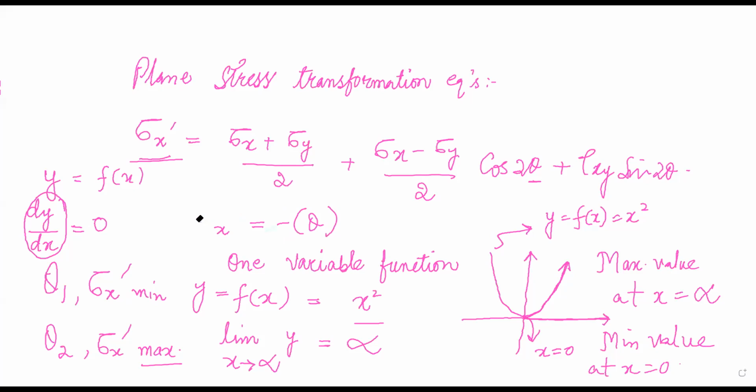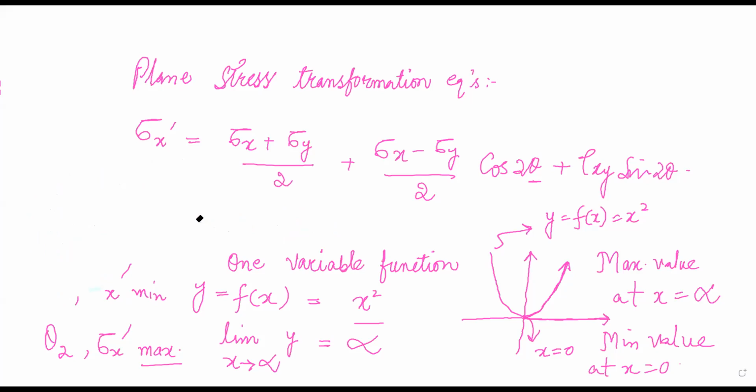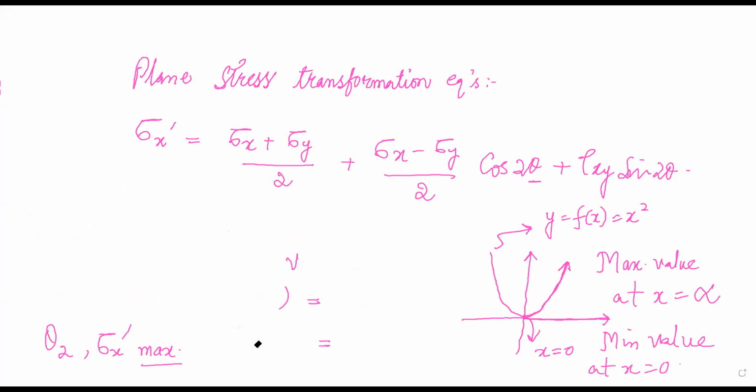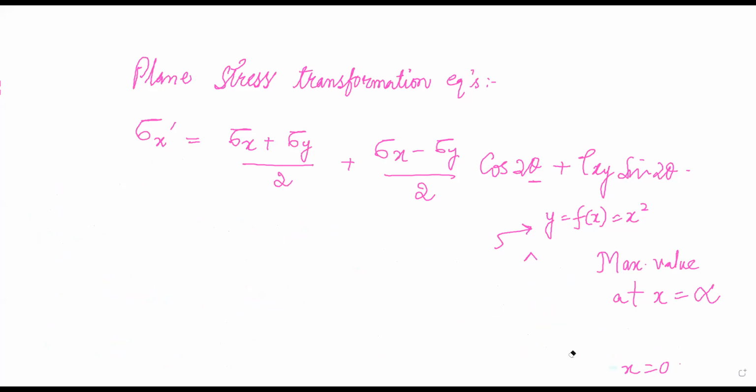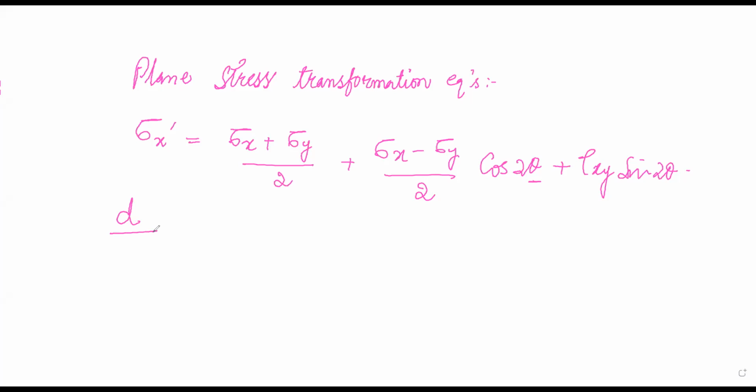Now let's take this function which we have, sigma x prime as a function of theta. Let me find its maximum and the minimum value. So how will I find them? I will write d by d theta.